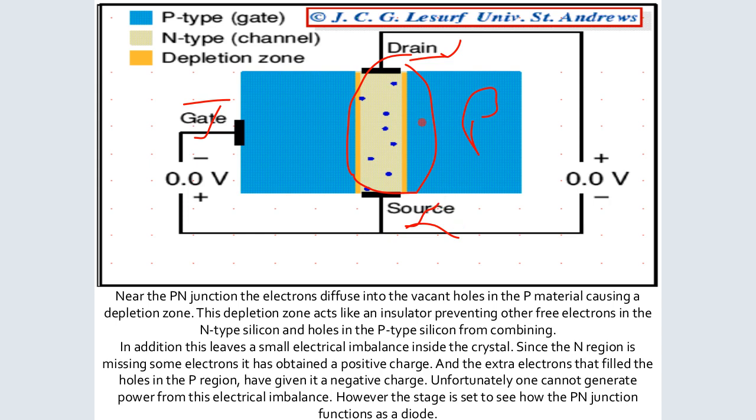So the zone that we were calling the depletion region is as a result of electrons trying to cross over to P and holes trying to cross over on the other side, just based on the basic law of charges, that like charges repel and unlike attract.